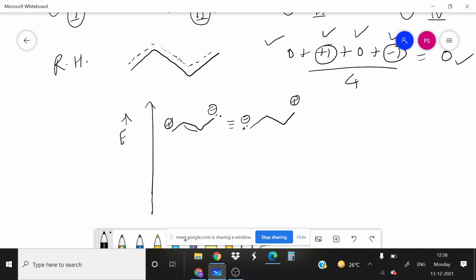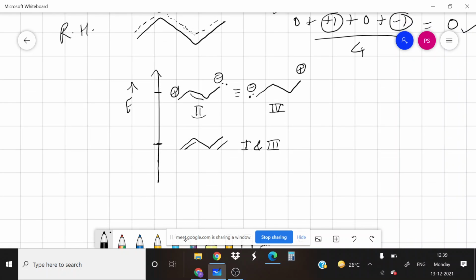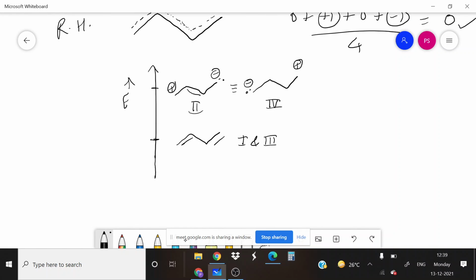The energy of these two structures is the same, meaning the second and fourth structures are equal in energy. The first and third structures are lower in energy than the second and fourth structures, because the first and third structures are uncharged, 0 charged, and charge separation is there in structures number second and fourth.